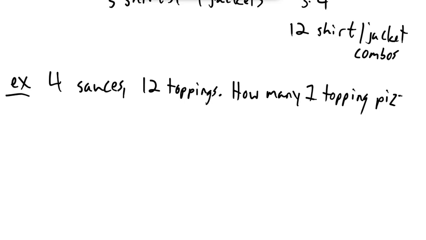All you need to do is multiply the number of sauces times the number of toppings. We have 4 different sauces and 12 different toppings, so our total will be 4 times 12, or 48 different one-topping pizzas.